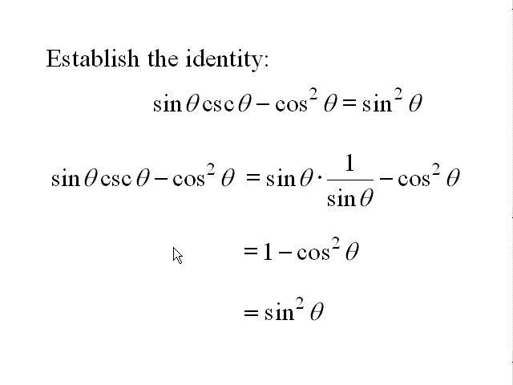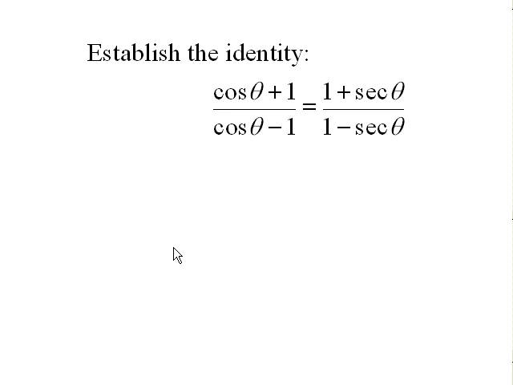Let's try another one. Cosine theta plus 1 over cosine theta minus 1 equals 1 plus secant theta over 1 minus secant theta. Well, to establish that, we're going to have to try to make the two sides match.